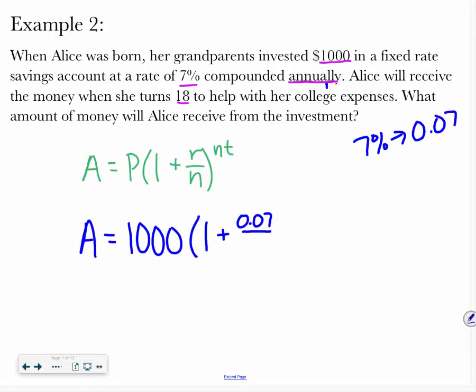Annually means 1 time per year. And then we have 1 times, and then after how many years are we checking? We're checking 18 years later. So that's how you'd set up this problem.